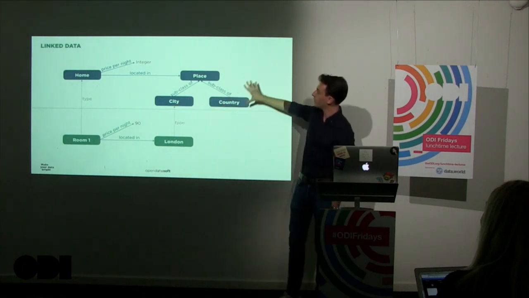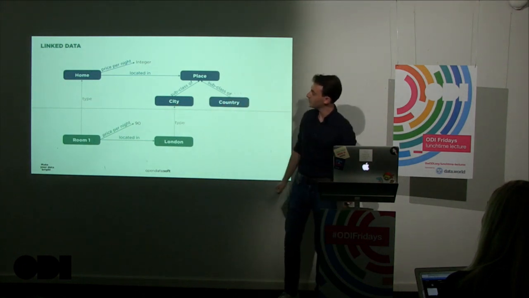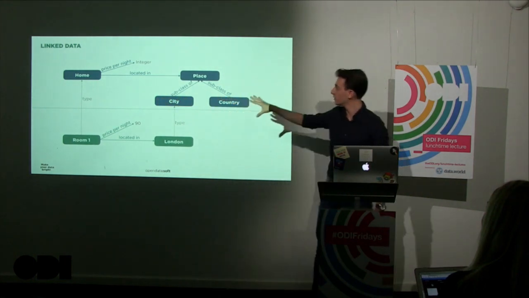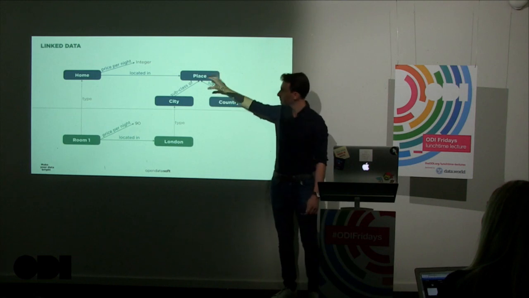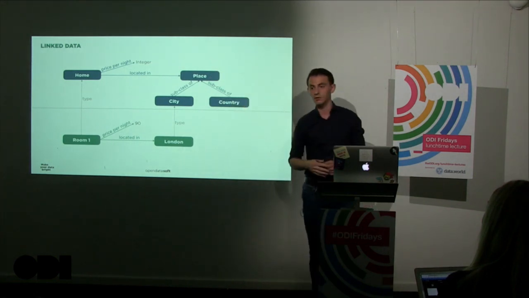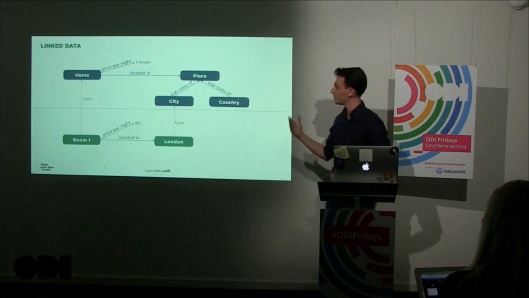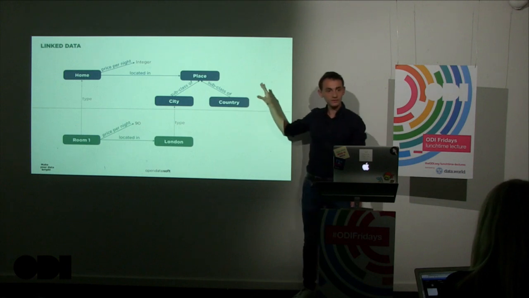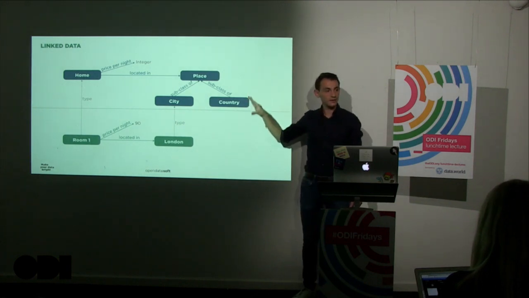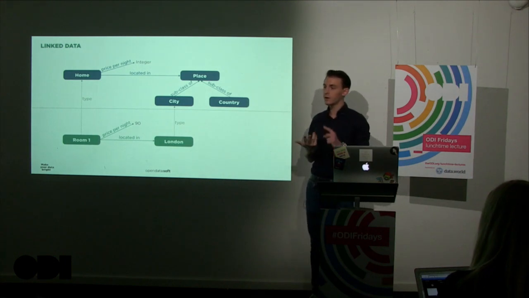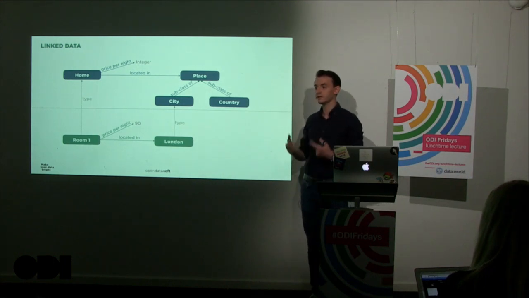In the vocabularies, in blue, we know that a home is always located in the concept of place, and a place can be a city, a country, a region, a department, etc. So thanks to vocabularies, linked data is machine readable, human readable, but also machine and human understandable.